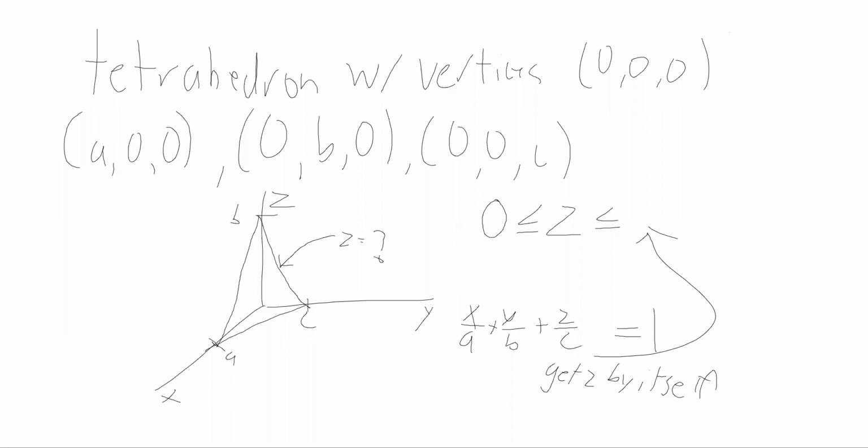Okay. So then we need to figure out where D is. The easiest way is to directly draw a picture of what D is in the XY plane. Notice if you just look at the shadow of this region on the XY plane, if you smash this directly down onto the XY plane, we get this region here.